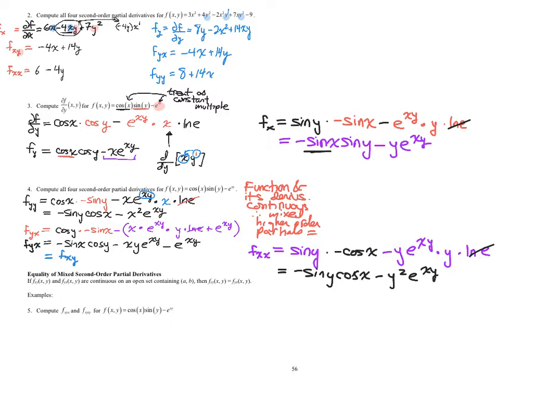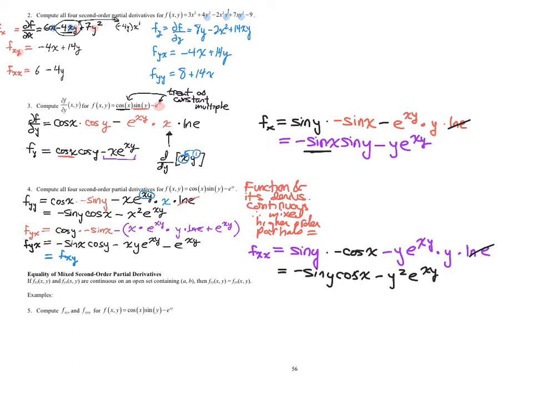To do the f of x, do the f of y, do the f xy, and the f yx, at least for practice. But once you get a feel for it, you start saying, all right, if I need to get mixed second order partials, what's going to be my easier pathway?